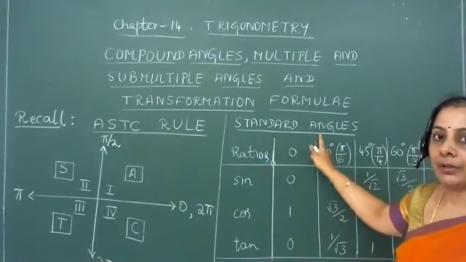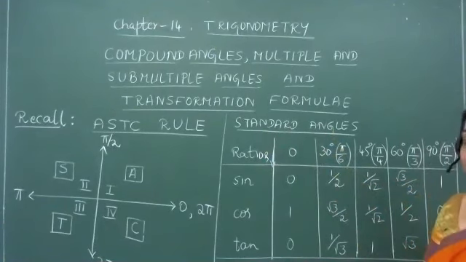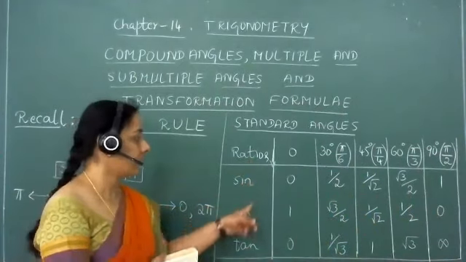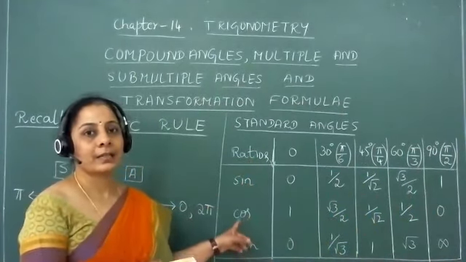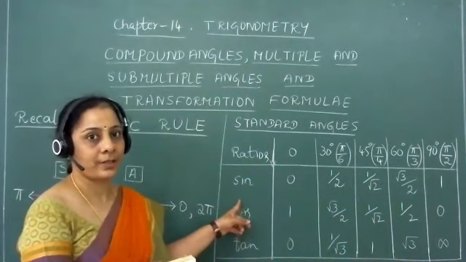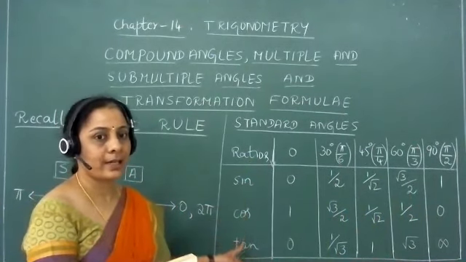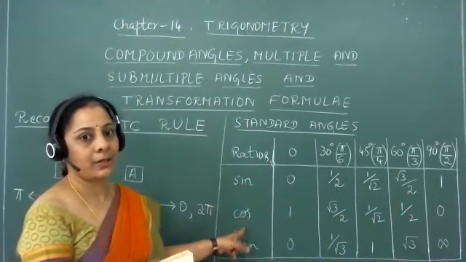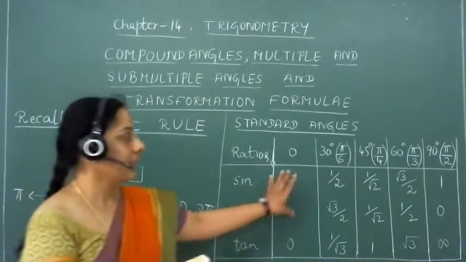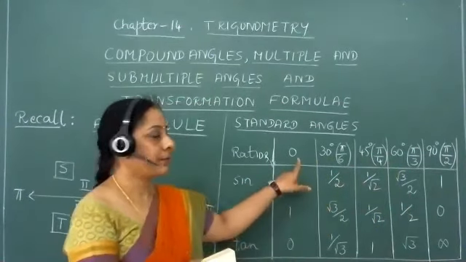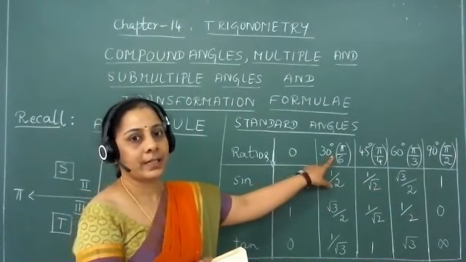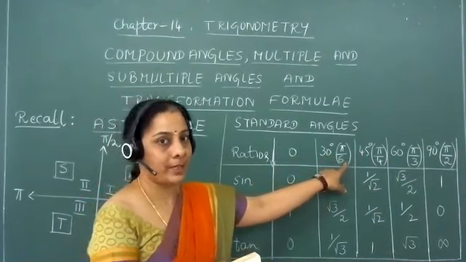With that, we have also had the standard angles, for which we have a small table to recollect. We first of all consider along the first column the three basic trigonometric ratios, that are sine, cosine and tangent functions, written as sin, cos and tan respectively. The five standard angles we have placed across the first row. You have 0, 30 degrees, in radian measure pi by 6.